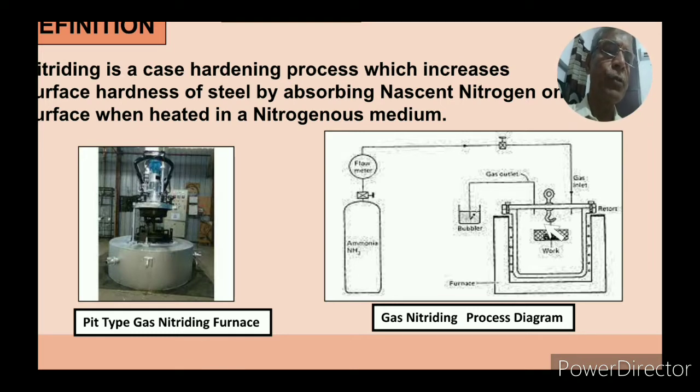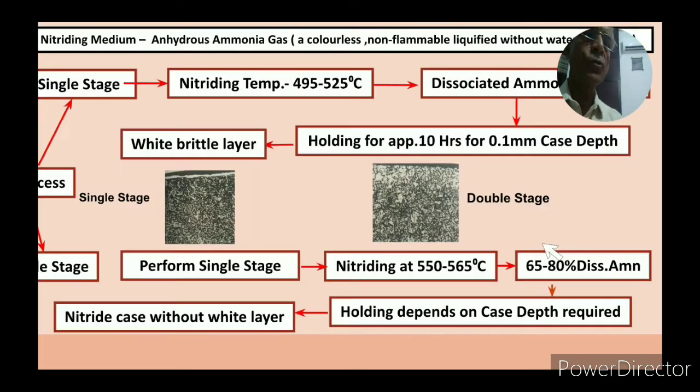Nitriding is done at a particular temperature, and after that it gets cooled here, and the gas outlet comes over here and gets absorbed into the water which is kept here. So this is all about the nitriding process. Let's move further.